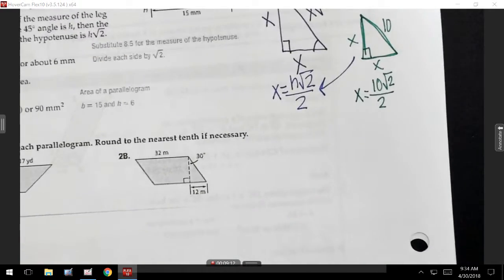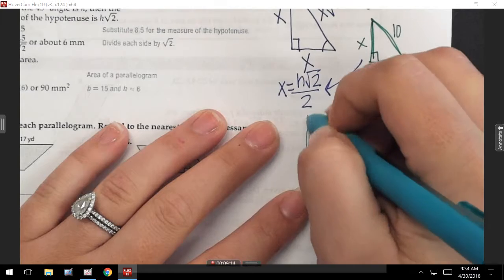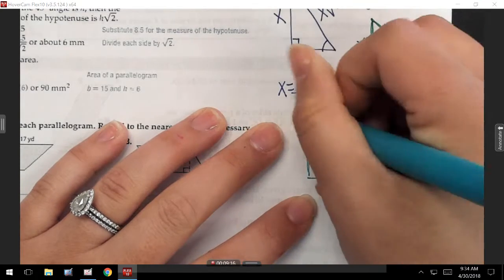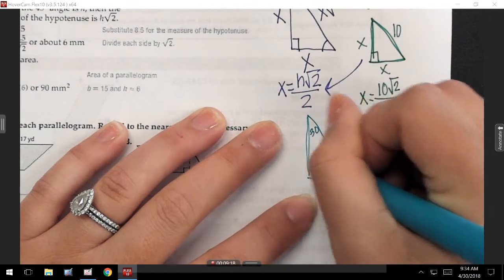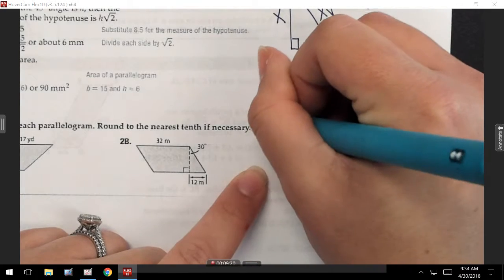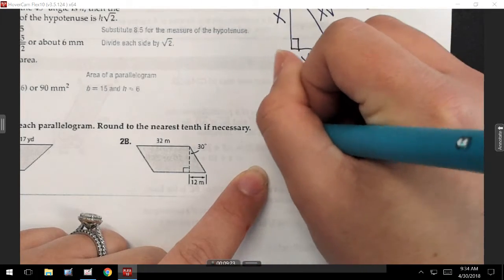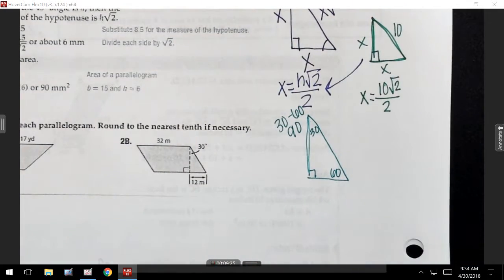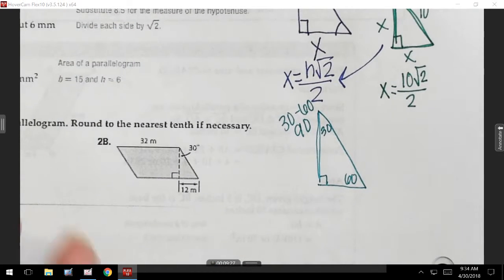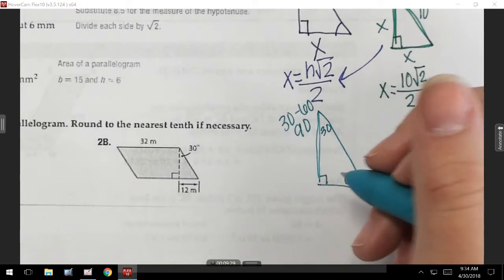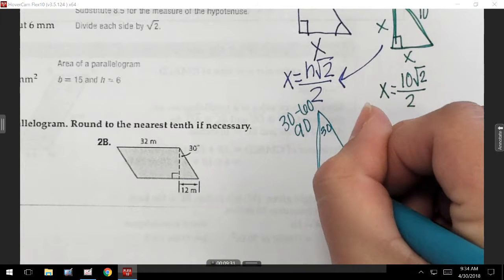Okay, then let's do 30, 60, 90. 30's at top. Okay, the leg across from the 30 degree, what did we call that? S for small side.